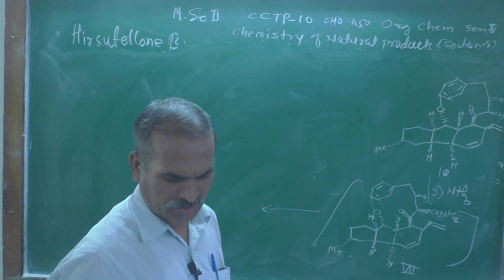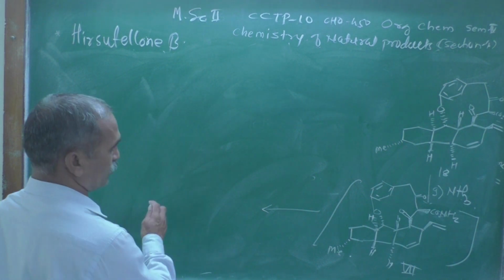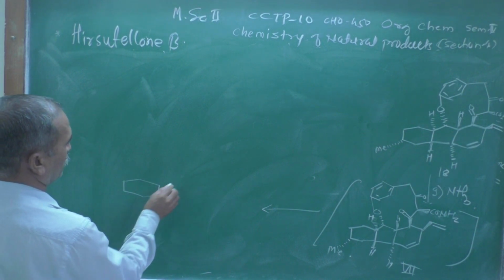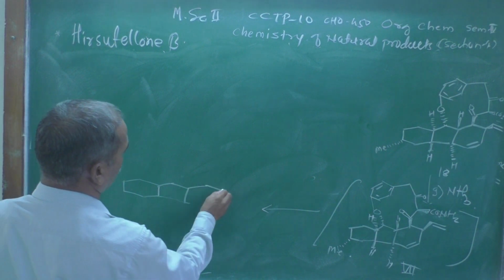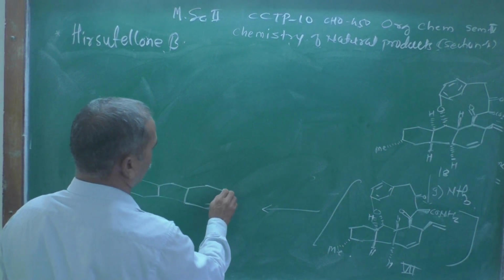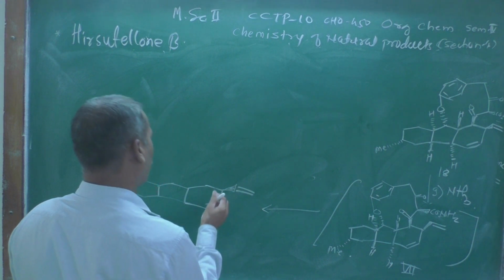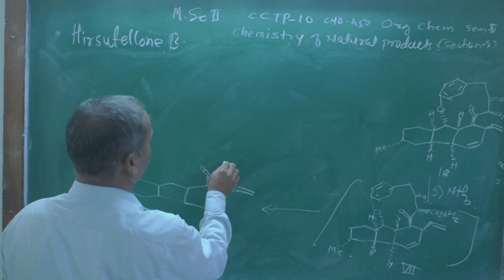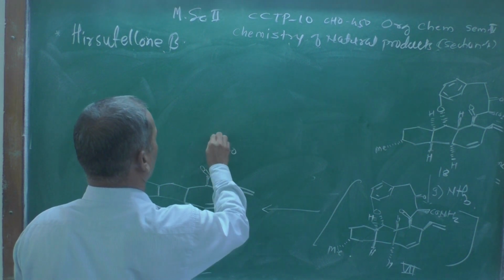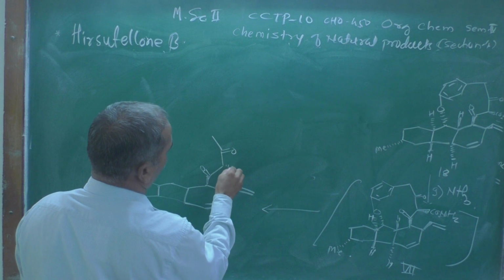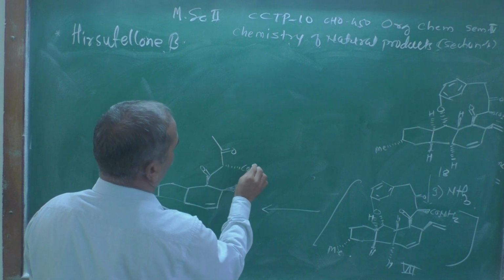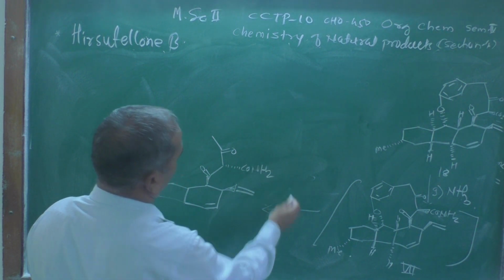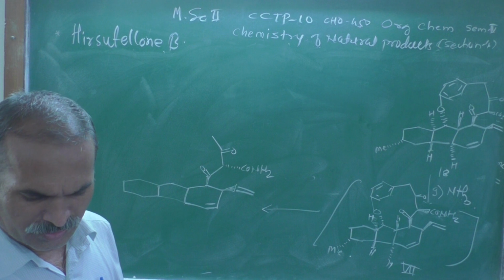Here only the structural configuration we are going to show. The change is automatic. Let's see over here. This is a 6-membered ring with a double bond. This group should be above the plane, and this group is above the plane. Then here C double bond O, and here this group CO NH2, that is an amide group.